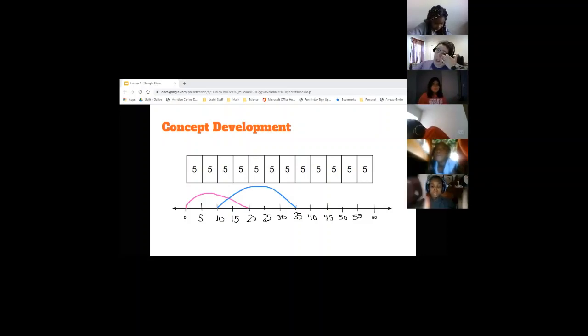So we know that the space between 10 and 15 is 5, right? So we can skip count by 5s. We got 5, 10, 15, 20, 25. So the interval between 10 and 35 is 25 minutes, okay?